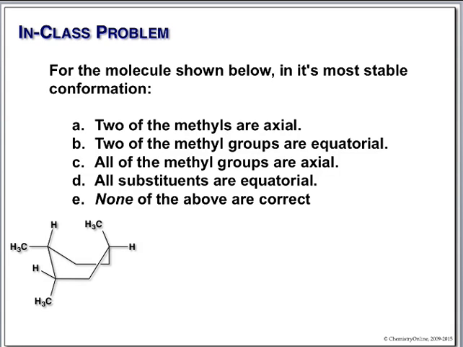All right, this is an exercise that we all grew to know and love some time ago. We have a boat cyclohexane, and we must convert this to a chair. And then we're going to talk about methyl groups being axial or equatorial. So we remember, in order to convert a boat to a chair, all you really need to do is grab one end or the other and pull it down.